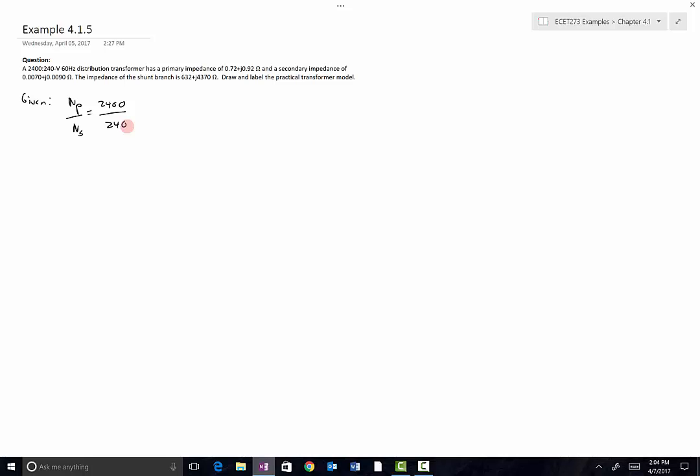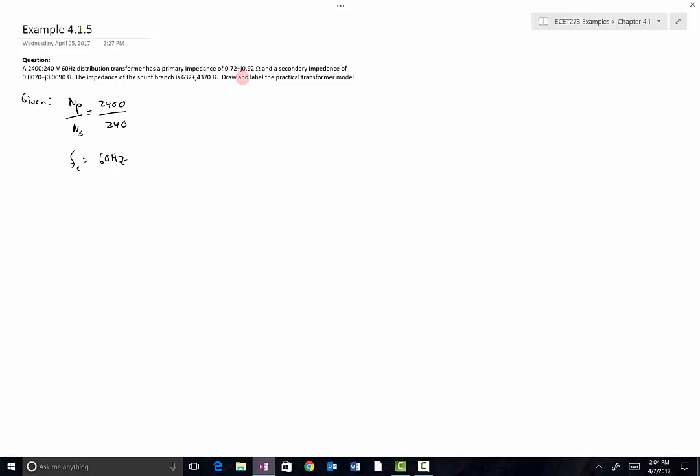We were told that it's 60 hertz, so the electrical frequency that these parameters are measured at is 60 hertz. That's important because the parameters are given in terms of reactance, not inductance, so we need to know what the frequency is so that they're applied at the correct frequency.